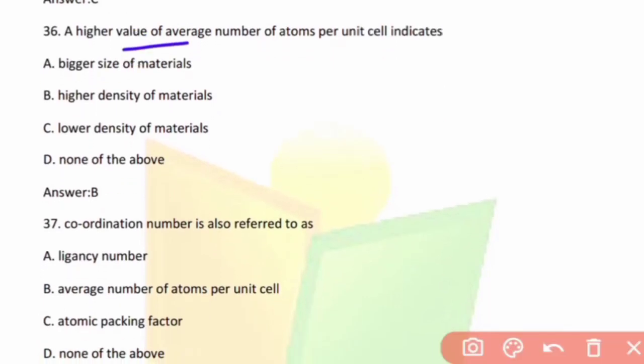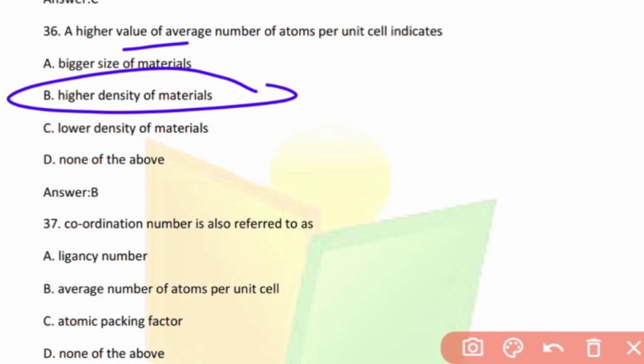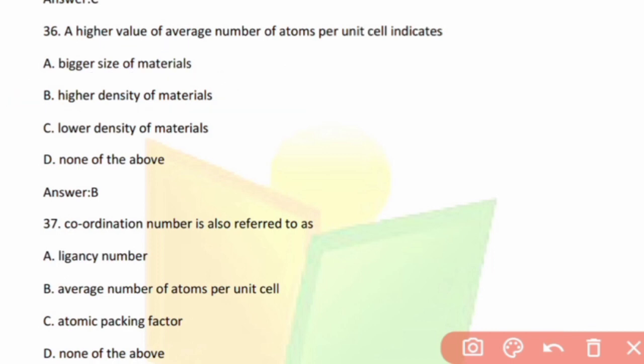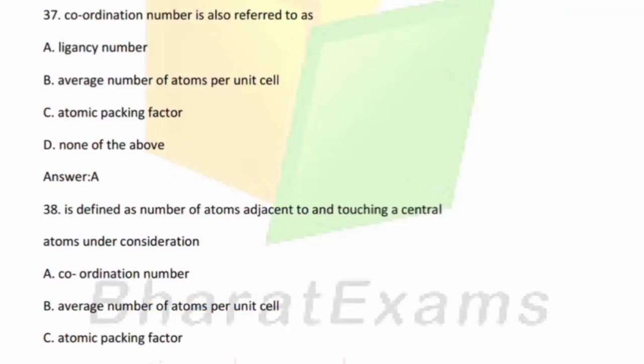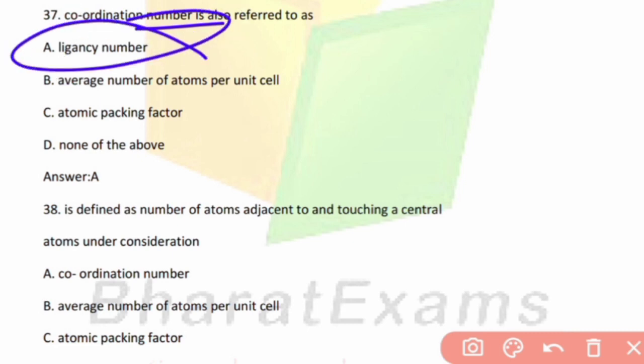A higher value of average number of atoms per unit cell indicates higher density of materials. Coordination number is also referred to as ligancy number.